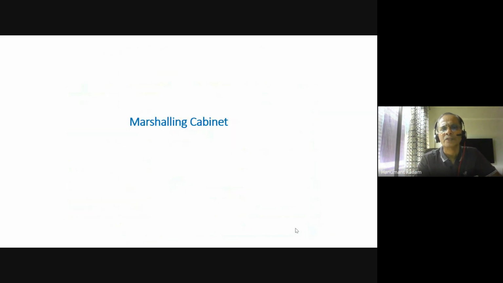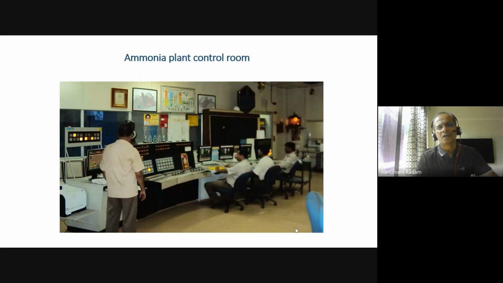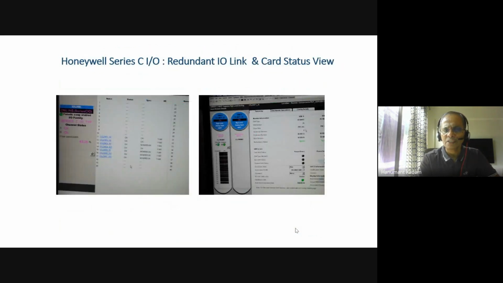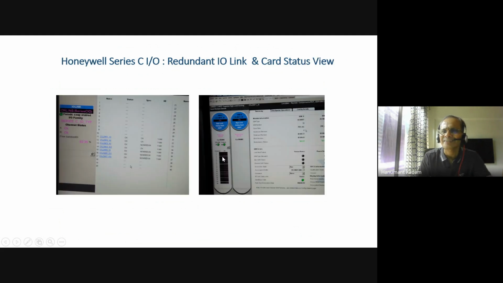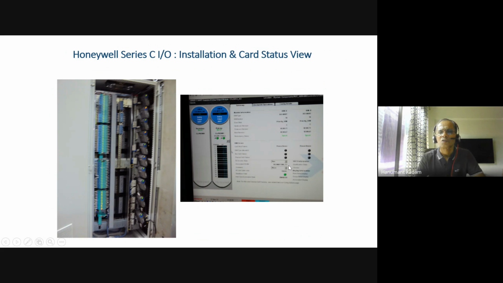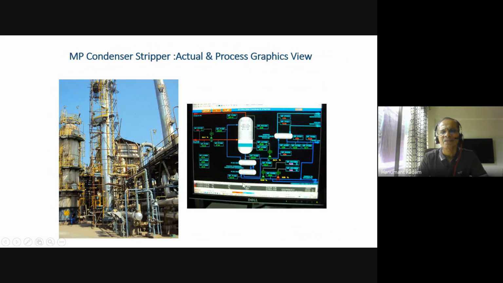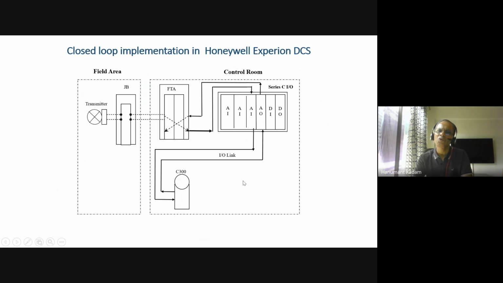Now we are talking about how the loops are configured. You can see this loop, how this graphic is developed, how to develop this graphic, then the status screens and loops. So how it is created on the server side, that we will see now.